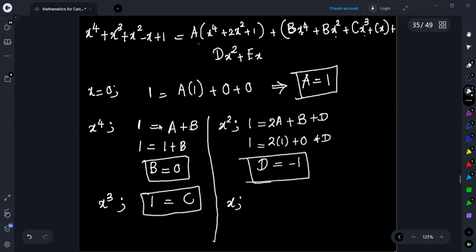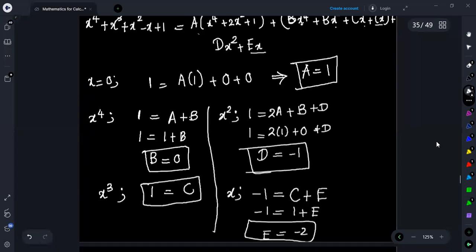So let's consider the coefficients. So it is minus 1 is equal to, here there are no x terms. Here we can see that one x term is there, so c plus there is another x term, c plus e. And we know the value of c, it is equal to 1. Minus 1 is 1 plus e. So e is equal to minus 2.